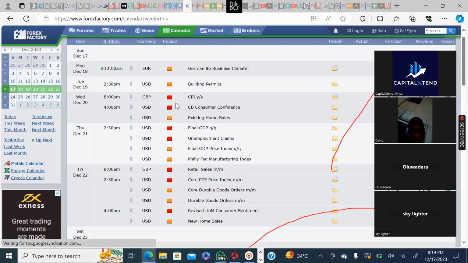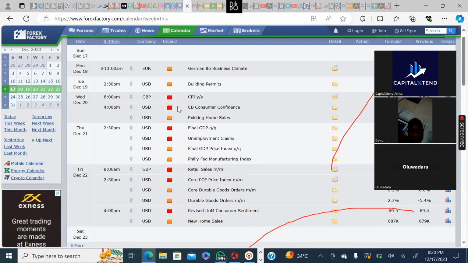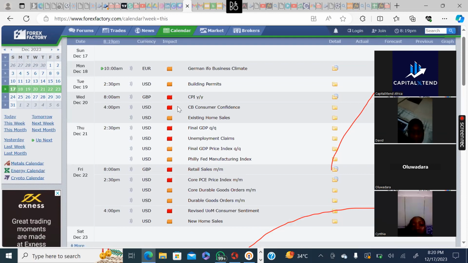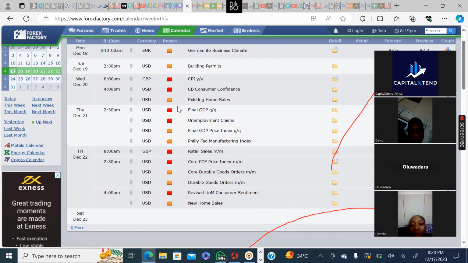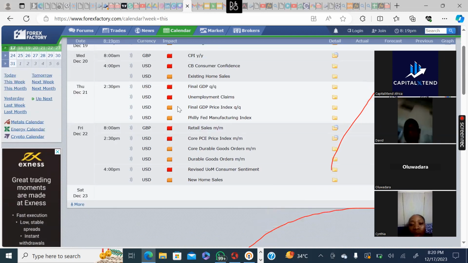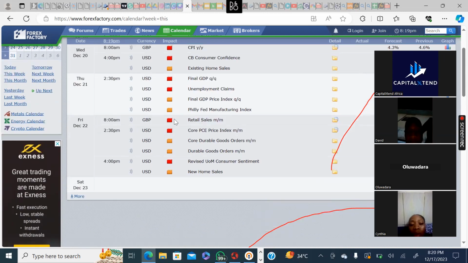On Wednesday, we have a high impact news, GBP CPI. On Tuesday at 4 p.m. we have CB consumer confidence. Then on Thursday, 2:30 we have final GDP and unemployment claims. We have two high impact news on Thursday and Friday. Friday we have GBP retail sales and USD core PCE. And around 4 we have the University of Michigan consumer sentiment.